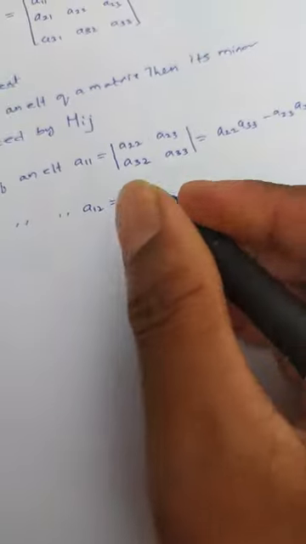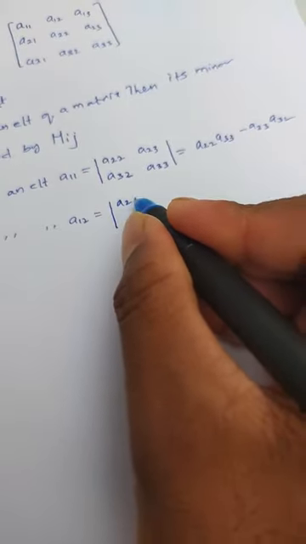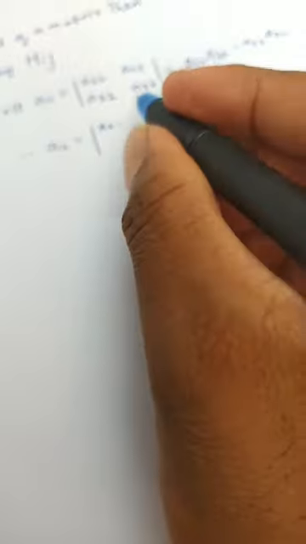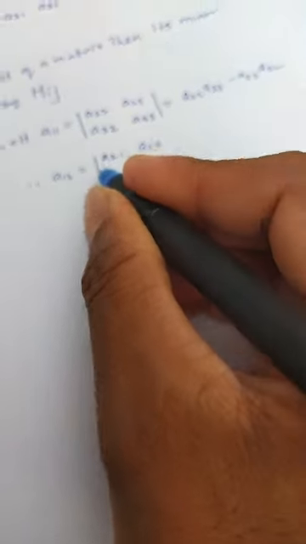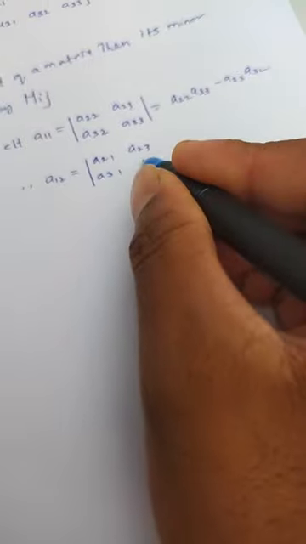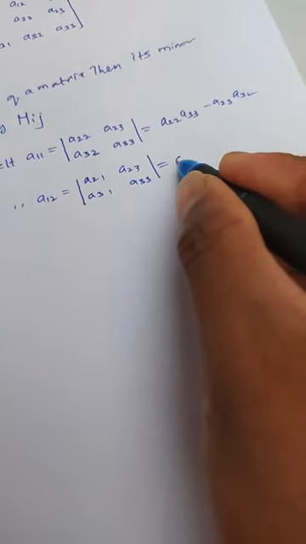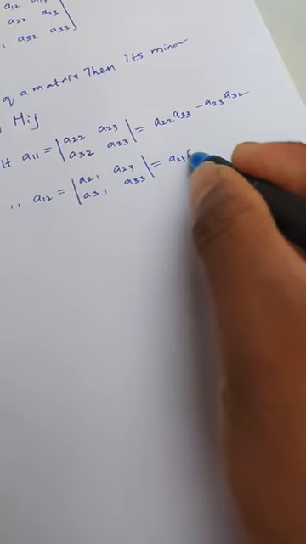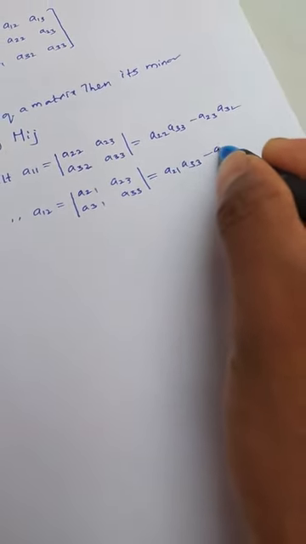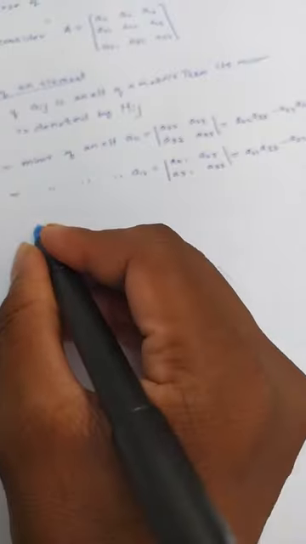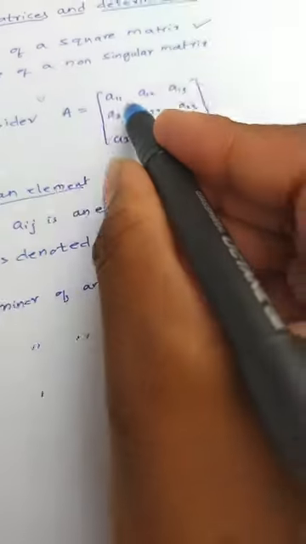So I am taking the determinant of those 4 elements: a21, a23, a31, a33. Now finding the determinant: a21 into a33 minus a23 into a31.